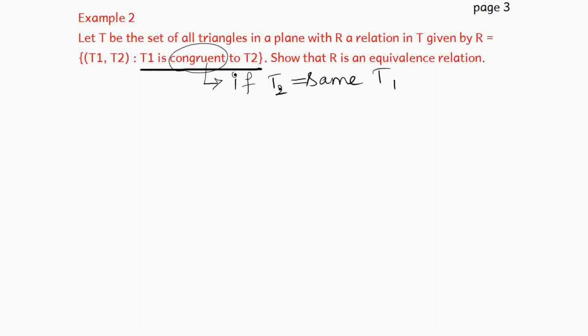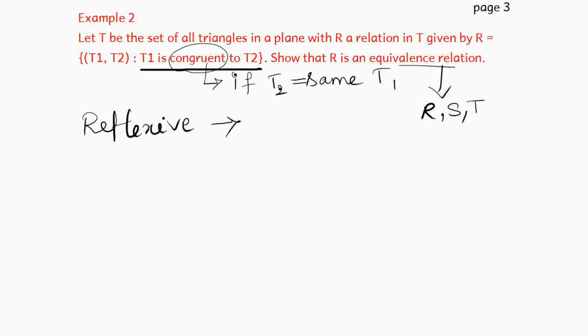If I place one slice on the other, both slices will have the same sides and same shape. Both will be similar, one on the other, so you call it congruent. Show that R is an equivalence relation.